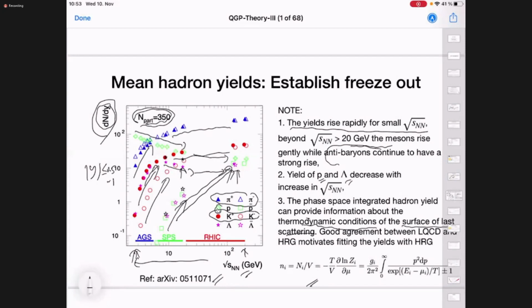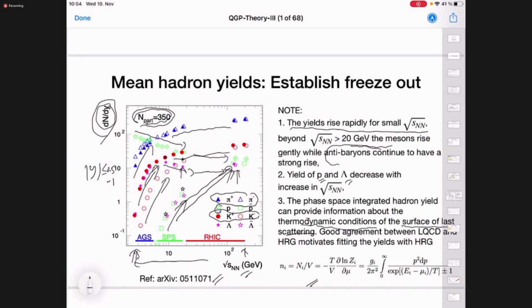That is the last surface where this condition is true, after which the collisions between the constituents become too few to keep up with the expansion of the fireball, and hence thermodynamic and chemical equilibrium breaks down, and you lose this thermodynamic state. So the only state that you can access is that last time when this was true.